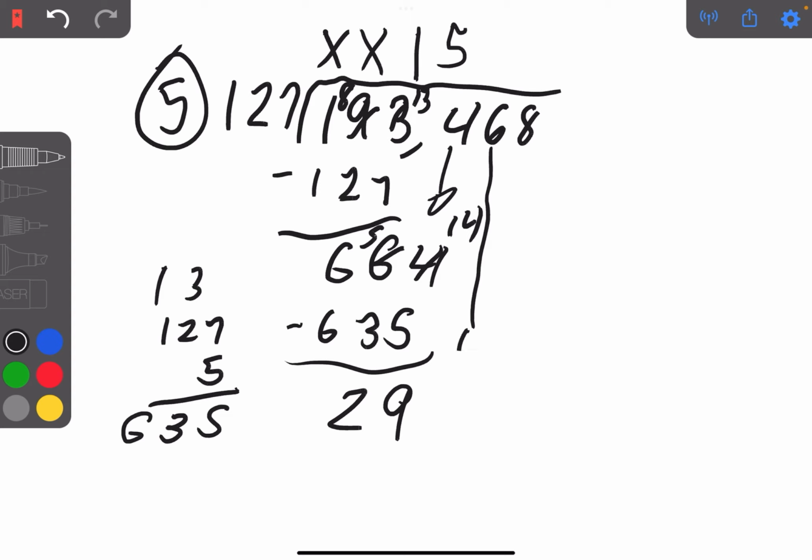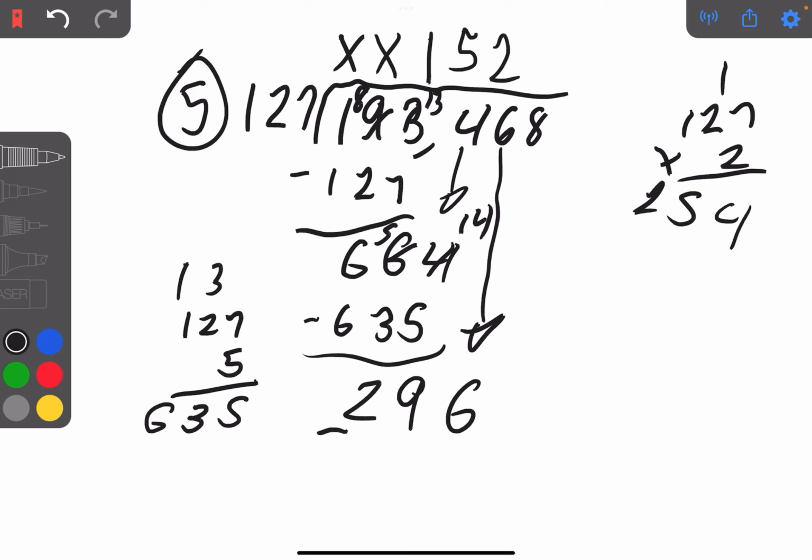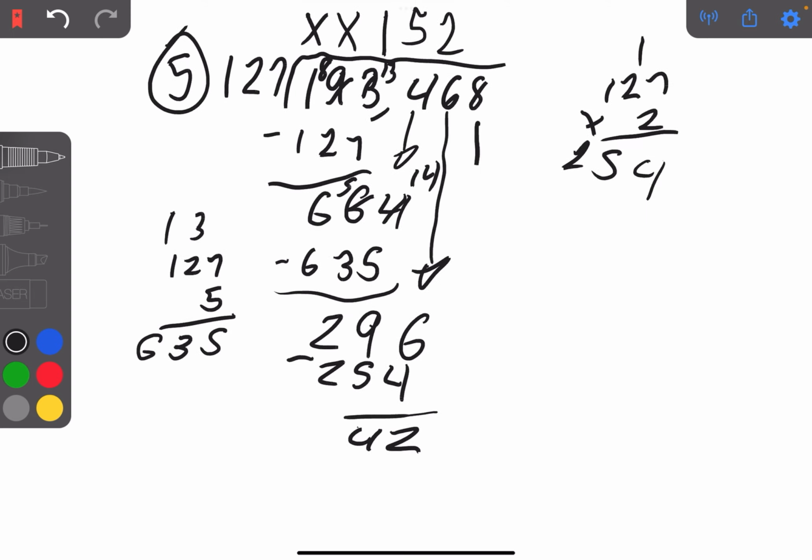So then we'll drop down the 6, and I'm guessing it's going to be 2. So 127 times 2 is 254. Minus 254. So 242. Now we'll drop down our 8.